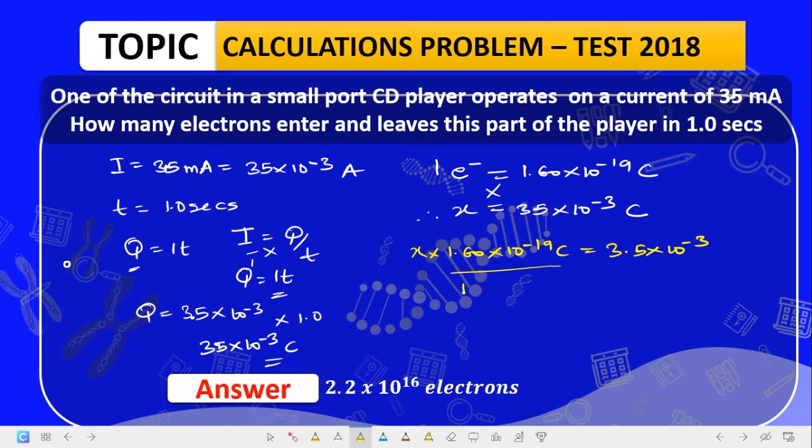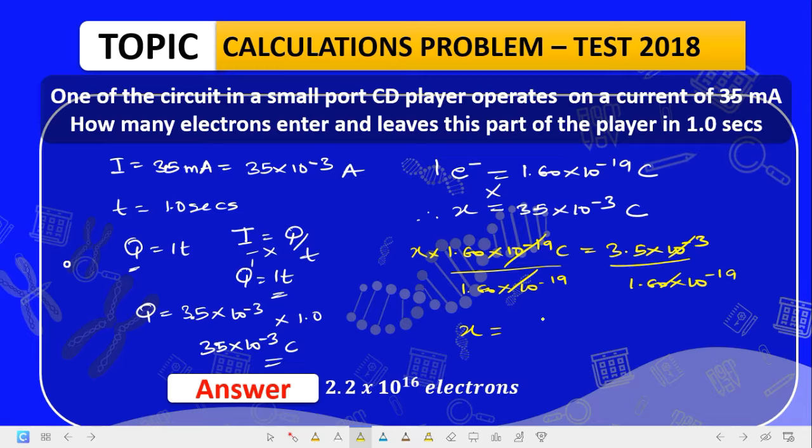Now divide both sides by 1.60 times 10 raised to the power of minus 19. When this cancels this, X will be equal to, what do you think would be our answer?